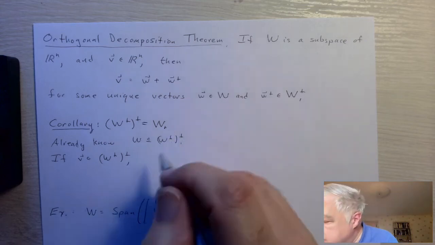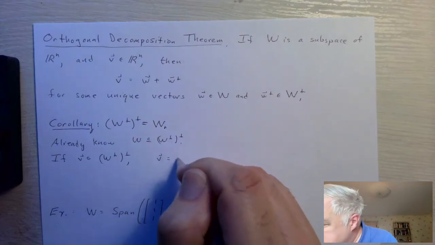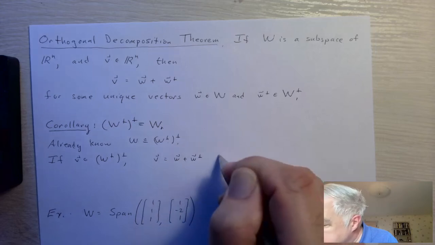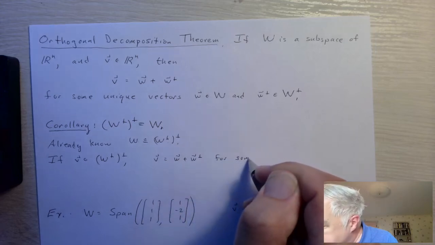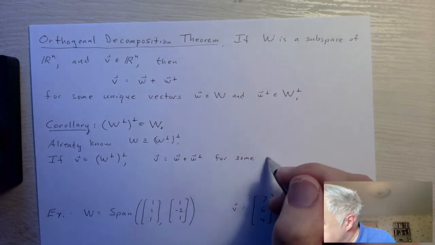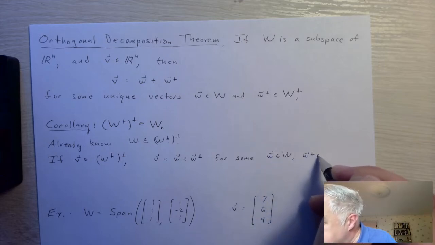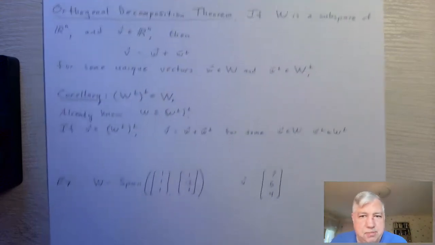So V is equal to little w plus little w perp for some little w in big W and little w perp in big W perp.